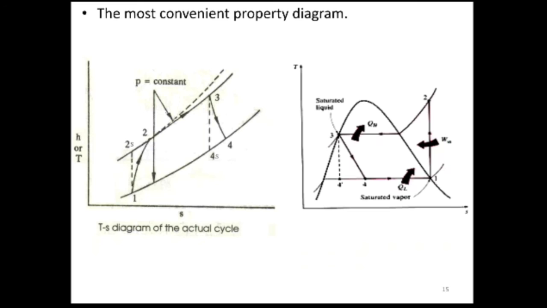Now if I consider the area under the graph 4 to 4 dash, that would have been my extra output, right? Or else this can also be regarded as the less work input that I would need to supply to the compressor, right?